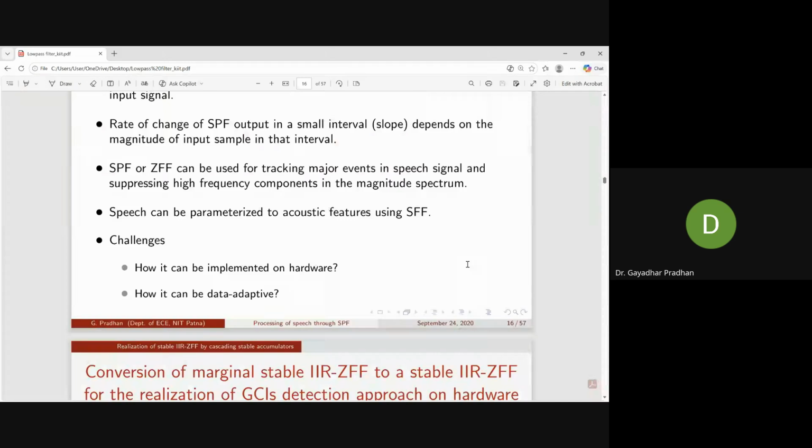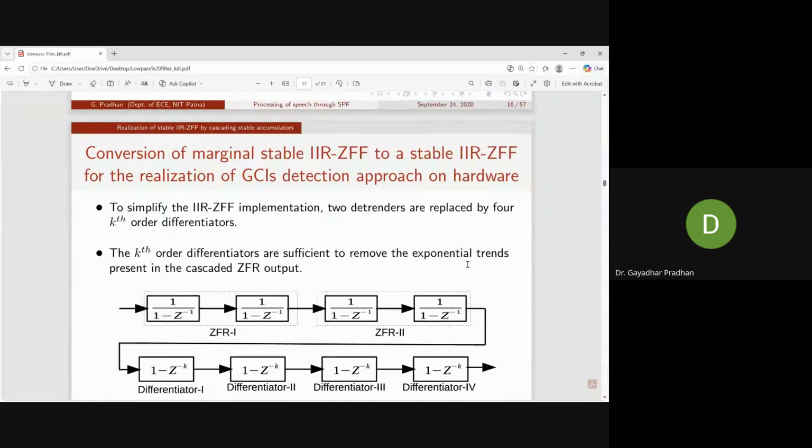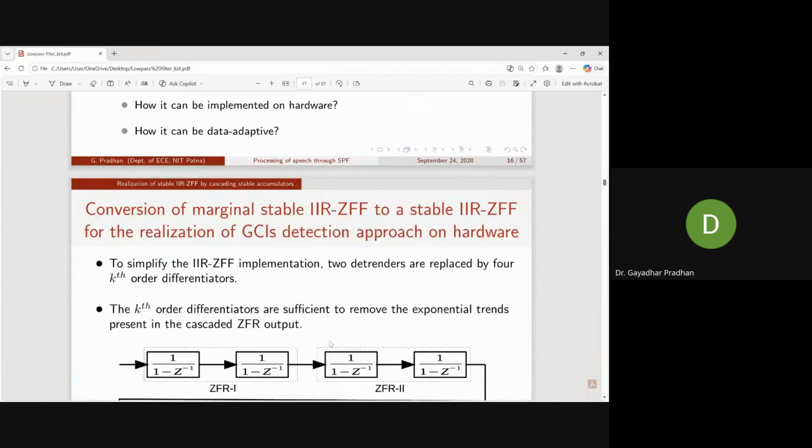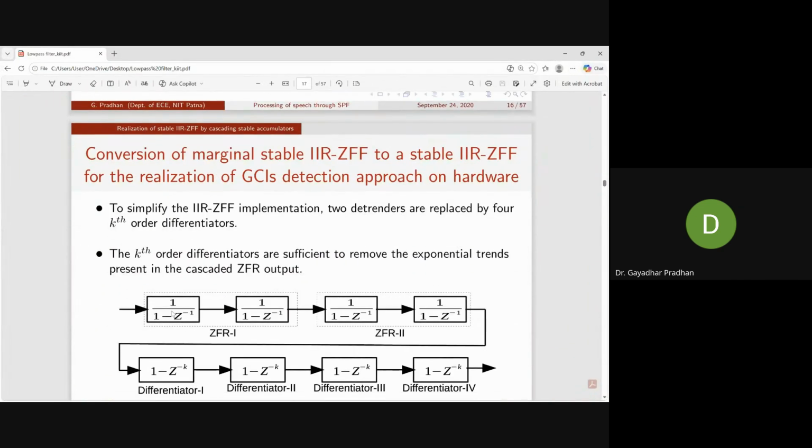If you look into this, as I told, I am not discussing all those things. So what do we have? I have 4 cascading of this and multiplying. 4 times I am multiplying, then 4 times I am subtracting.